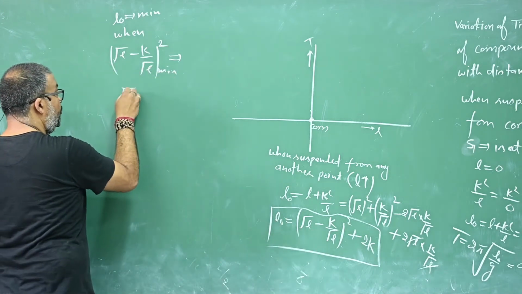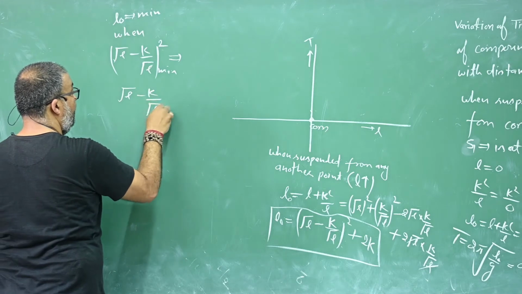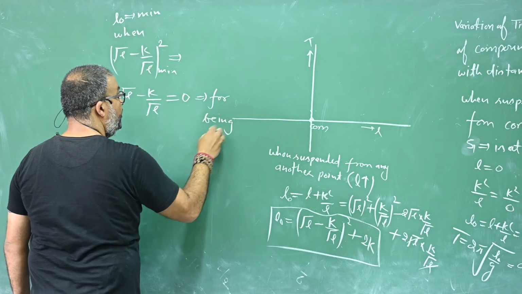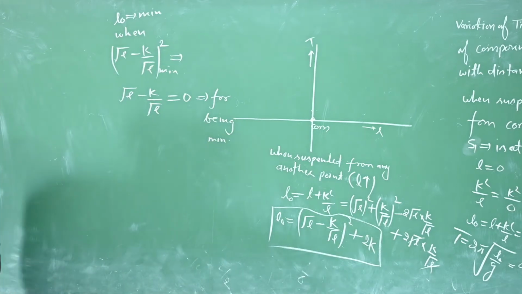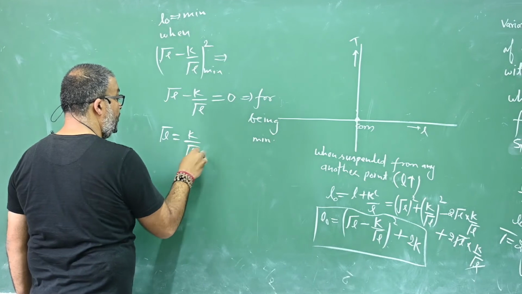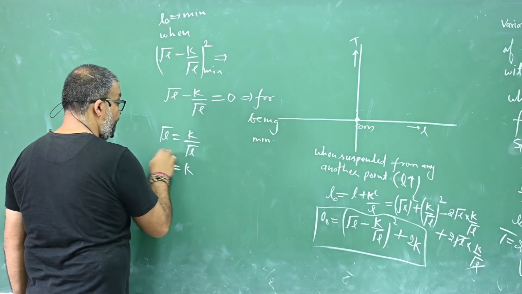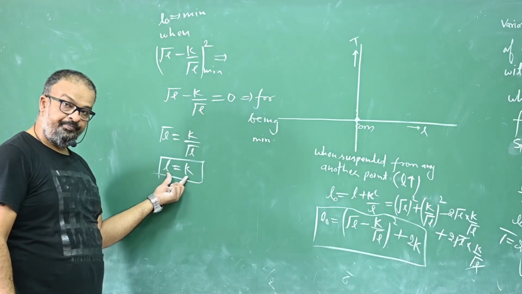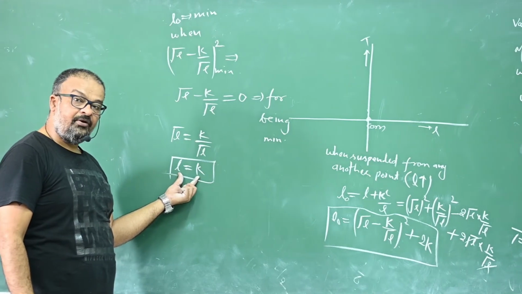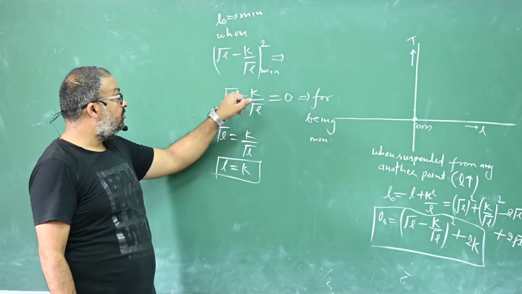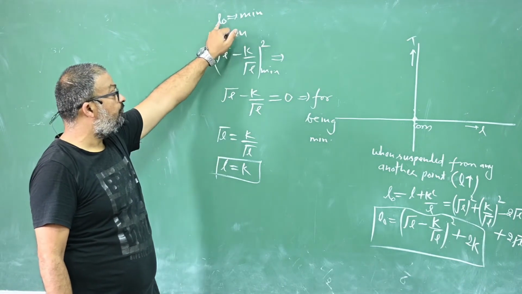So root L minus k upon root L must be equal to 0 for being minimum. So root L equals k upon root L. So L will be equal to k: when the point of suspension of the rigid body is at a distance from the center of mass equal to k, then this L0 will be minimum.